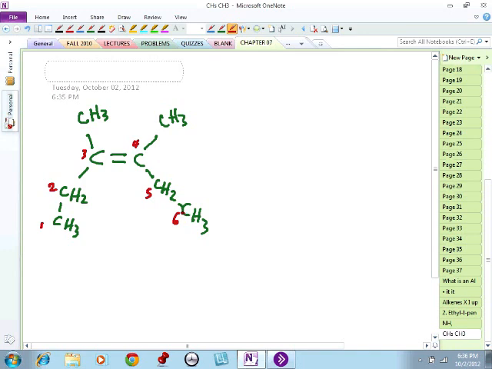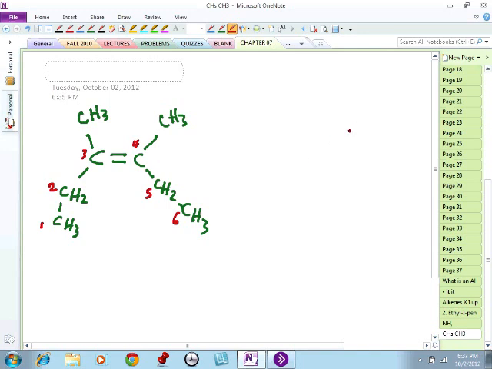No. That's in the cyclic molecule. But in the long chain molecule, you have to assign the lowest possible number to the carbon-carbon double bond. In the cycloalkenes, the double bond will always be position 1 and 2.